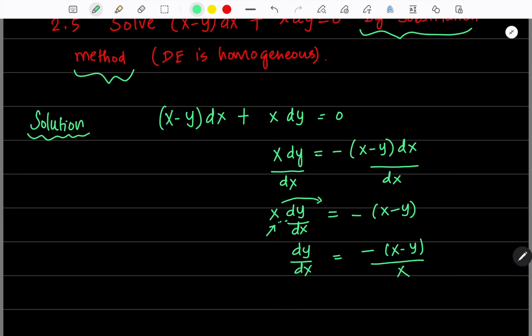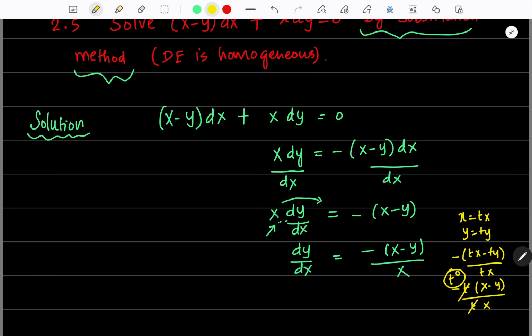Let me explain one step of how to check for homogeneous. Suppose you put x is equal to tx and y is equal to ty in this equation. What will happen? Which is tx minus ty divided by tx. So take t as common from the numerator. You will get t times (x minus y) over tx. T gets cancelled. It means t to the power of 0 is the final answer.